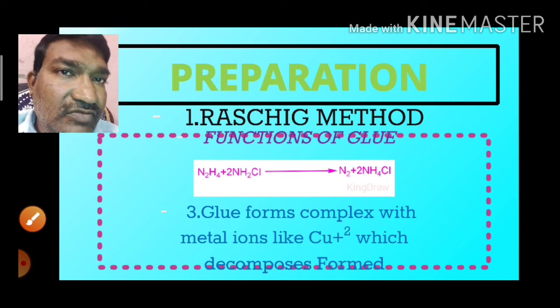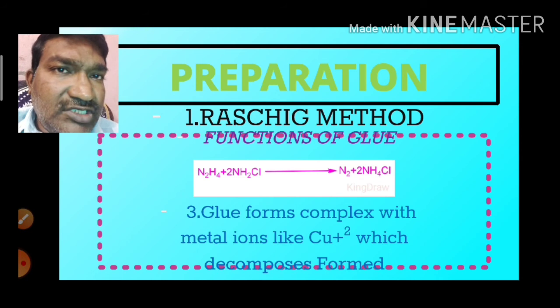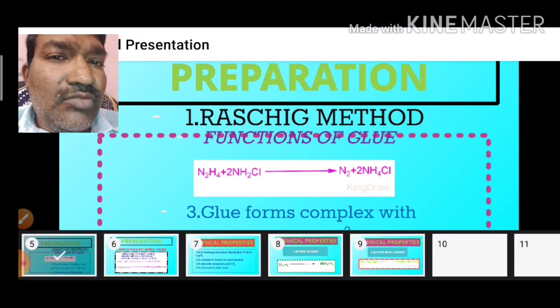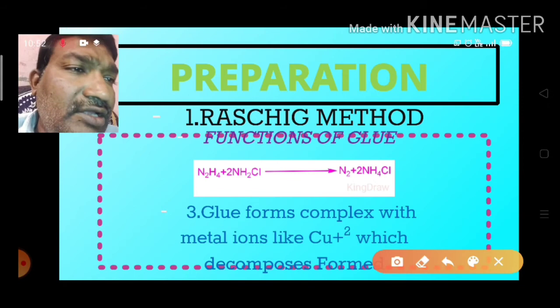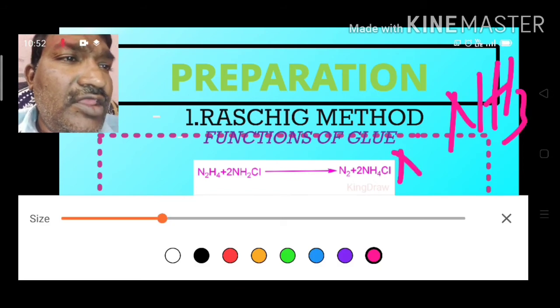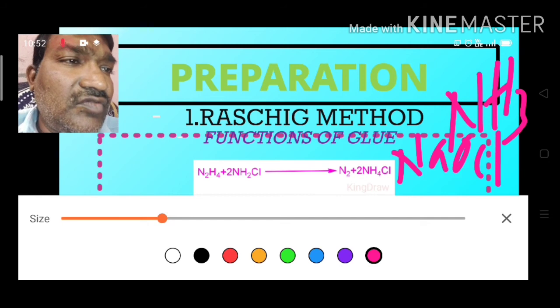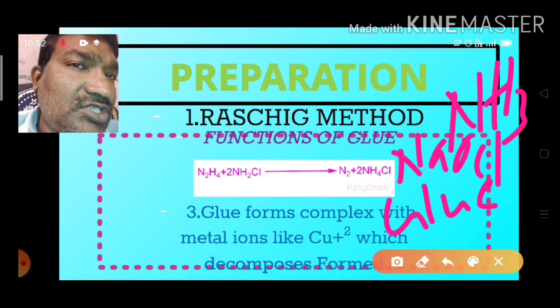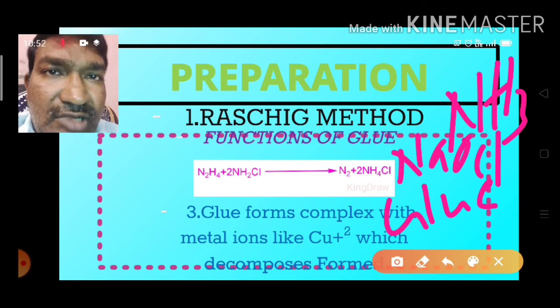So once again we recollect that in the Raschig method we use three raw materials. First one is ammonia, second one is sodium hypochlorite, NaOCl, and the third one is the glue. In the Raschig method, two steps occur.